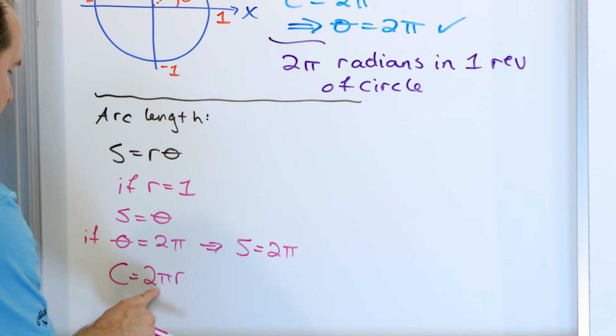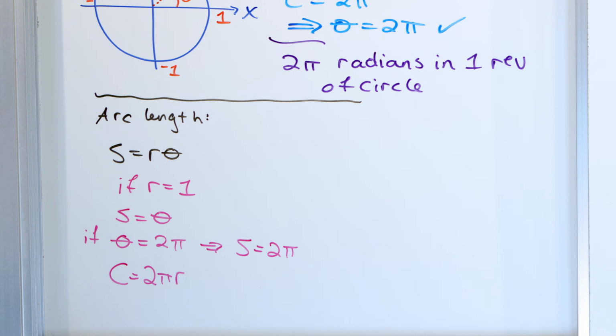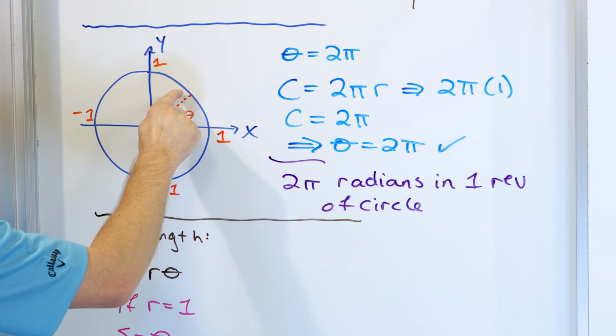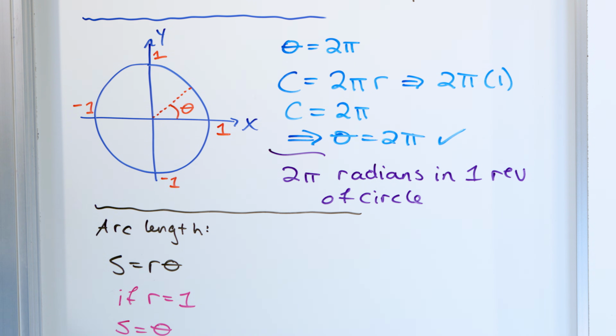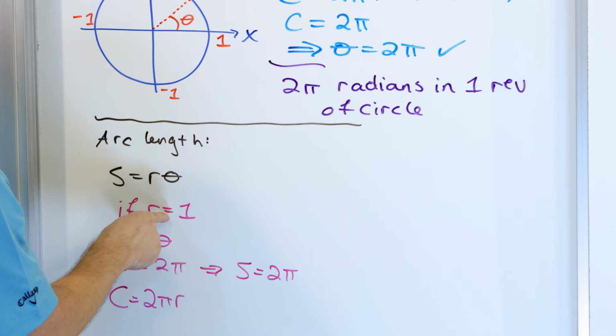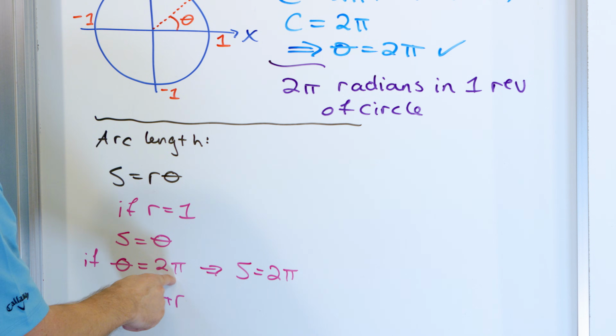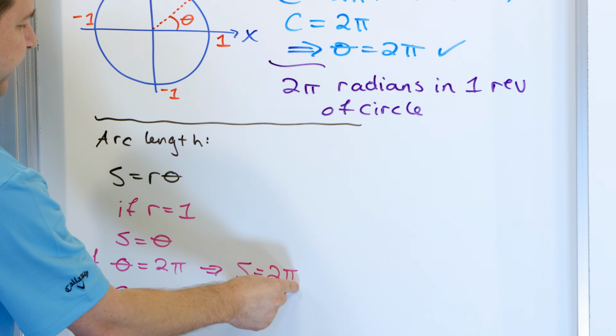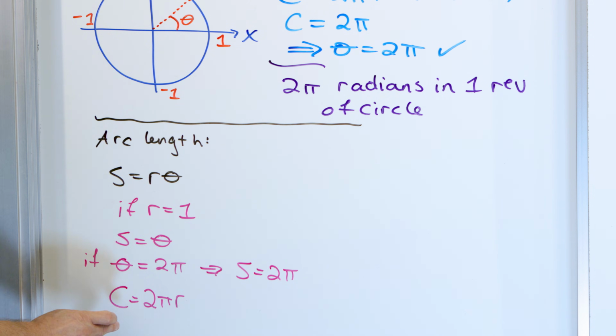When the radius is 1, the circumference is 2 pi. So you see, it all makes sense. The arc length is a portion of the circumference, essentially. As a check, when the radius is 1 and you walk all the way around, the arc length tells you the distance is 2 pi, which is exactly what the circumference formula tells you.